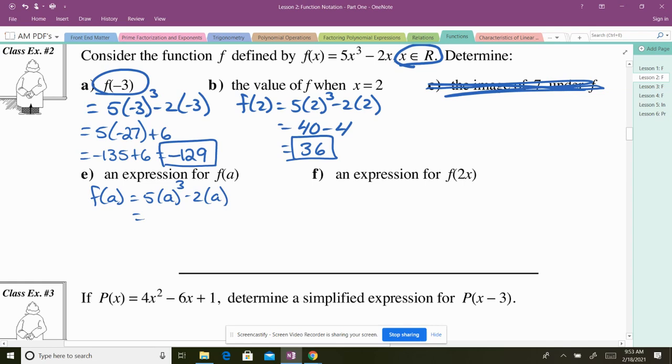What's a cubed? a cubed. a to the power of 3. And then 2 times a is 2 times a. So it just becomes that. That wasn't exciting.